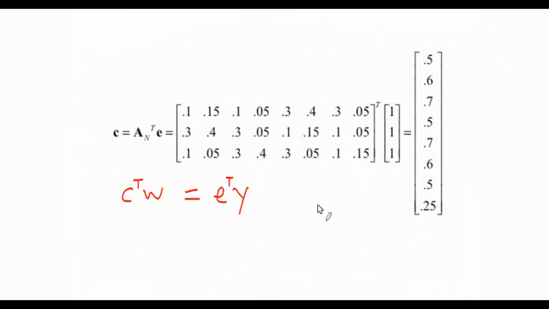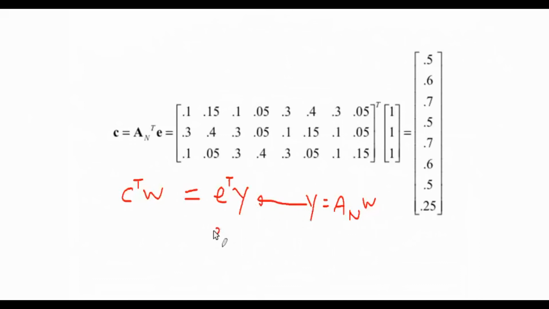Well, let's recall from the basic physics that y is equal to A sub n times W. A sub n is the matrix that transforms the vector of beam weights into doses in the normal voxels. Let's substitute that in on the right-hand side.